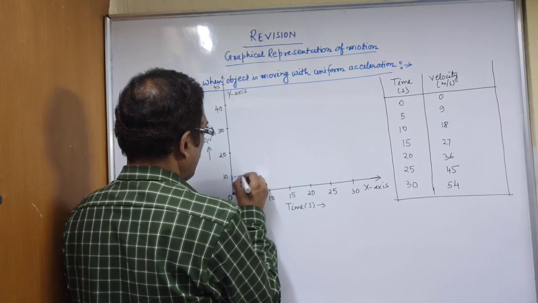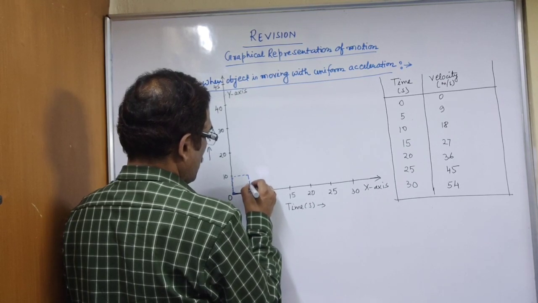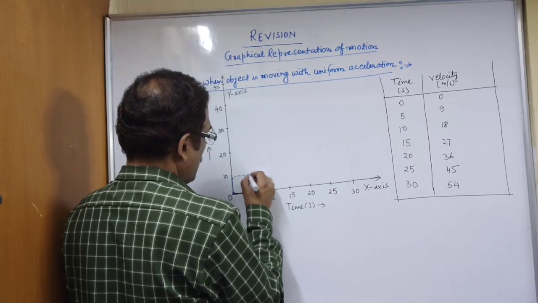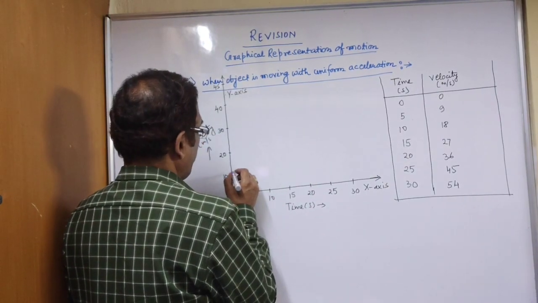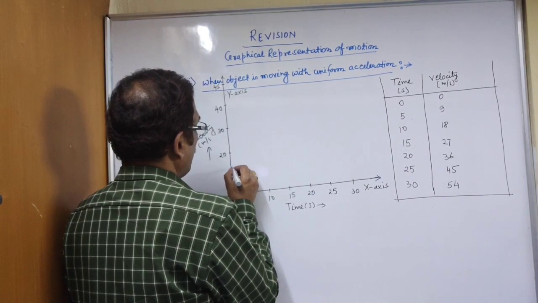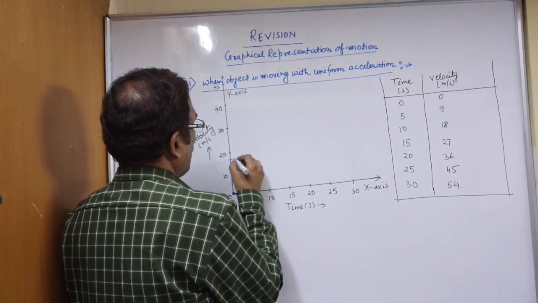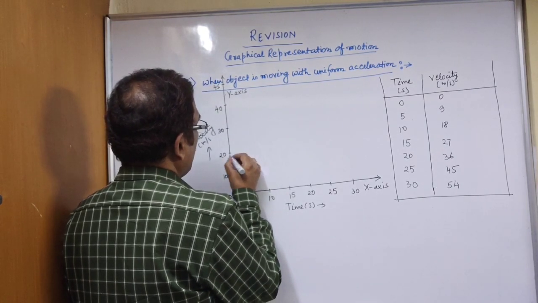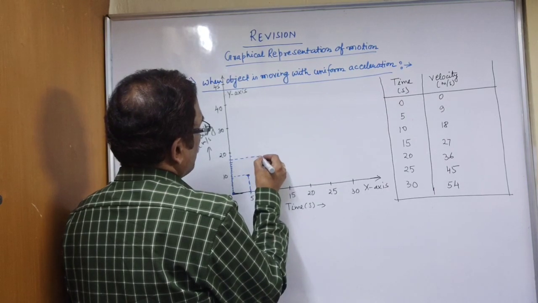So 9 will be somewhere here. Then 18: 11, 12, 13, 14, 15, 16, 17, 18. So 18 will be somewhere here.